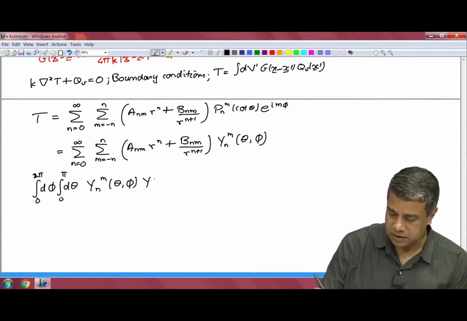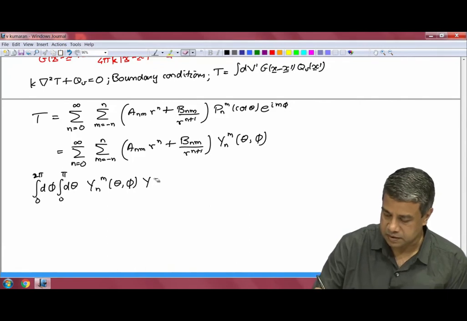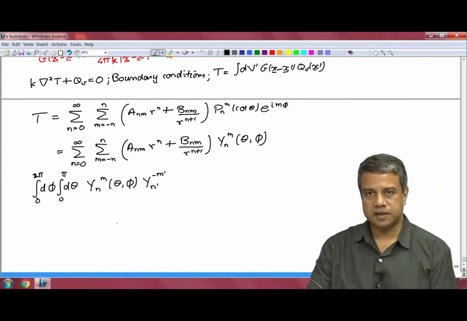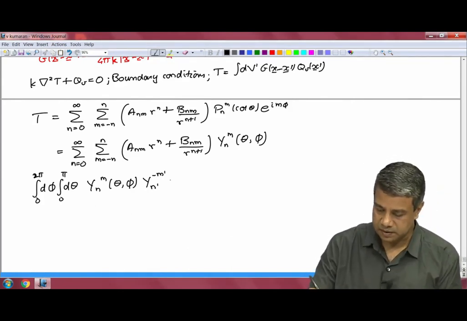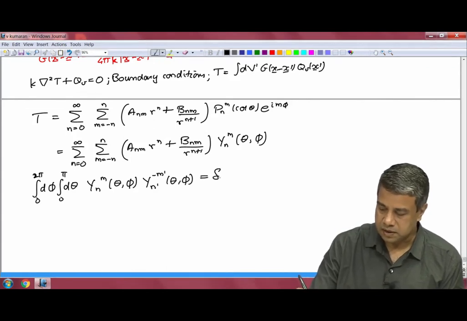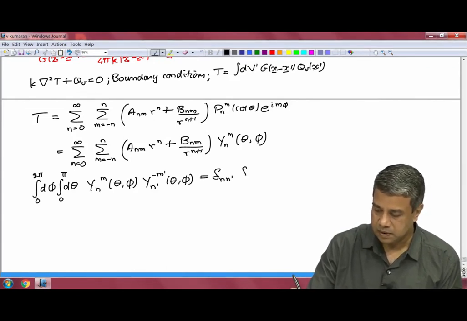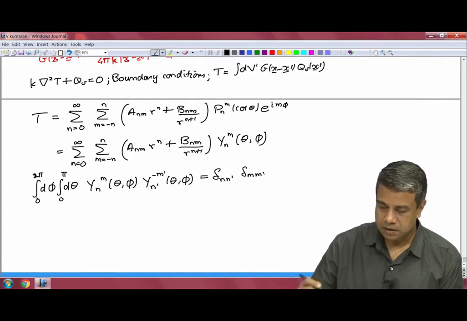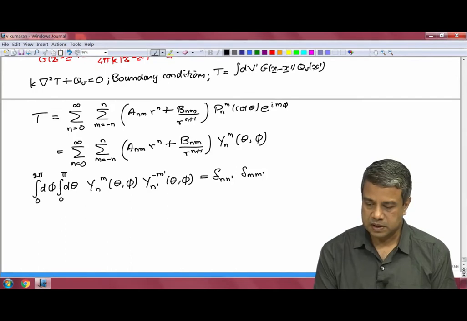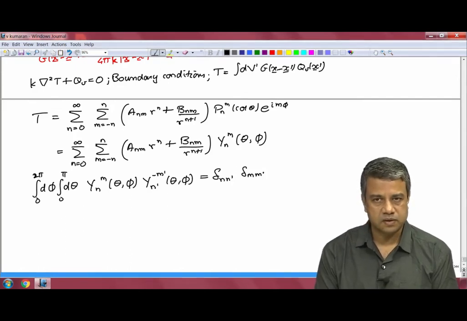The second one is the complex conjugate, because these are complex functions in general. The integral of the complex conjugate of Y n m times Y n prime m prime is equal to delta n n prime delta m m prime, non-zero only if n is equal to n prime and m is equal to m prime. These were the spherical harmonic solutions.